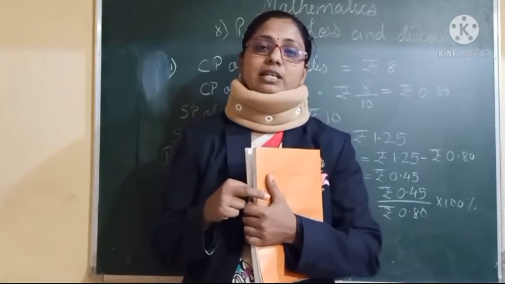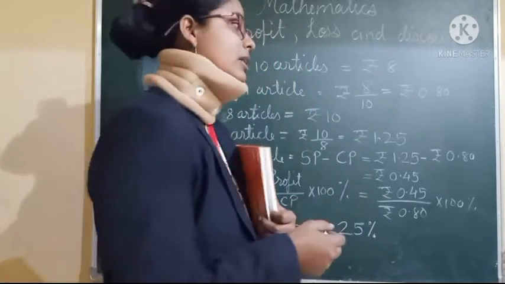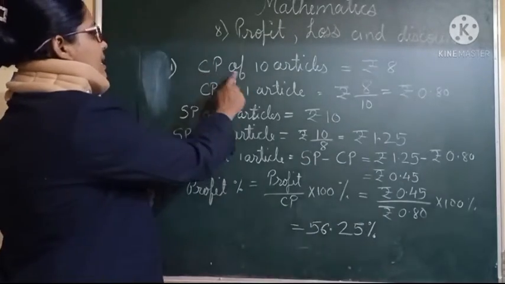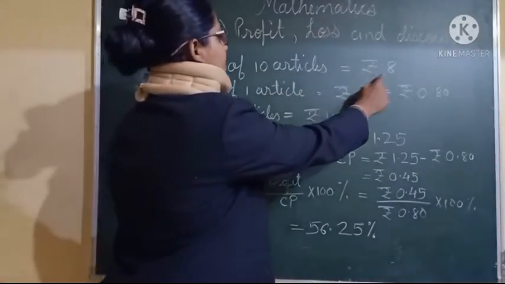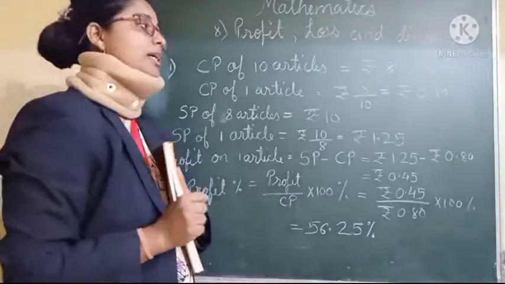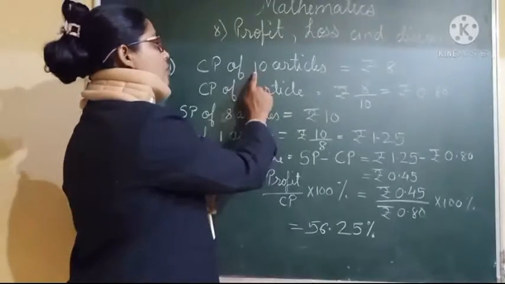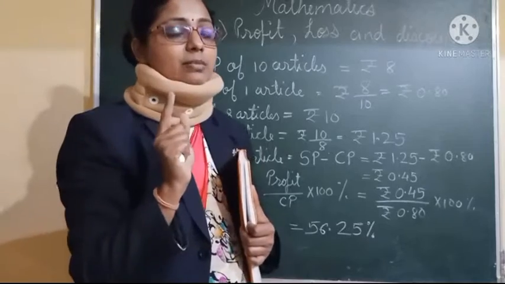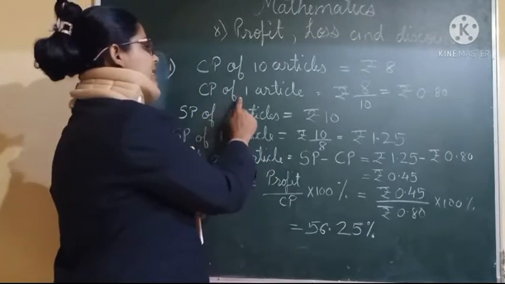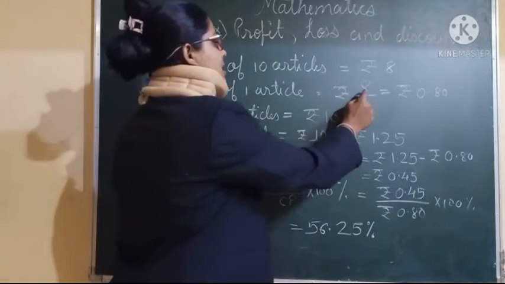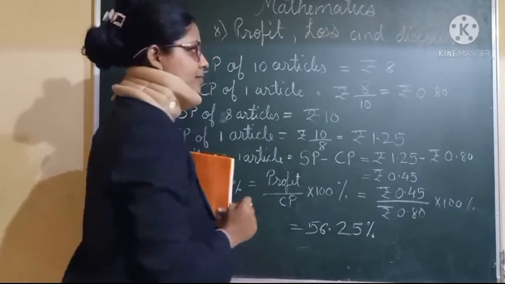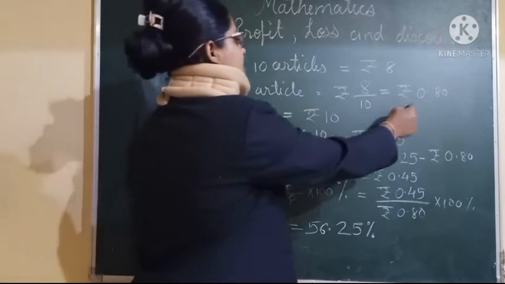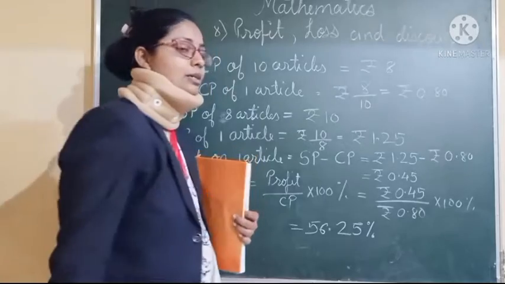First let us find the profit. The cost price of 10 articles is rupees 8, that we know. Then we have to find the cost of one article. The price of 10 articles we know, but one article's price we don't know. So one article's price is rupees 8 upon 10, which gives 0.80 rupees.